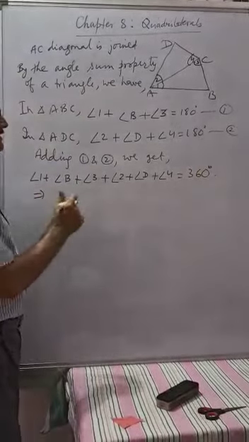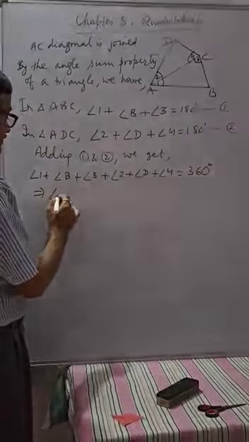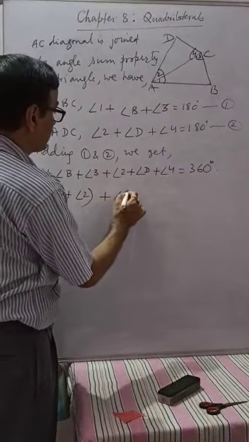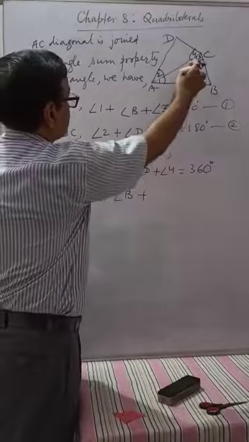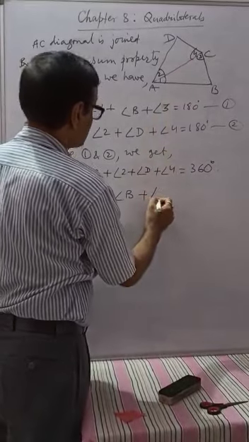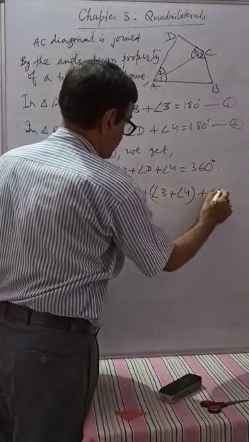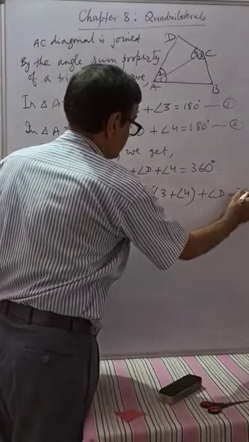Now by rearranging the terms, we can say angle 1 and angle 2, let us take them together, then angle B, then this 3 and 4 we will take them together, plus angle D is equal to 360 degree.